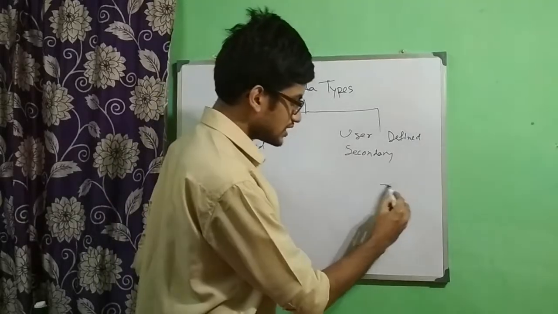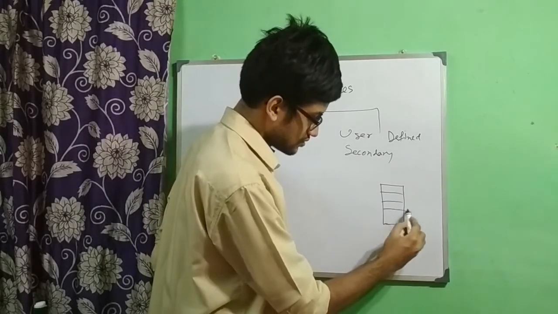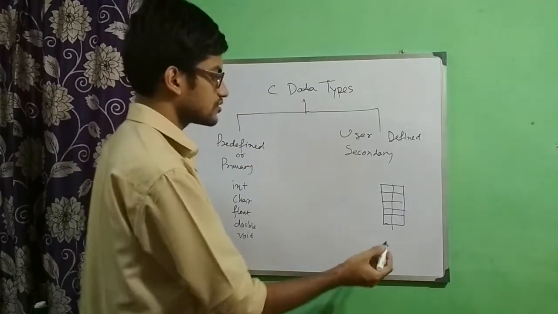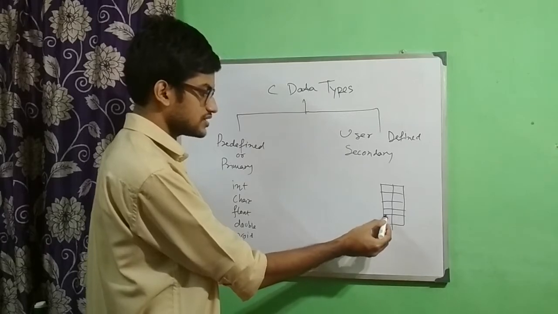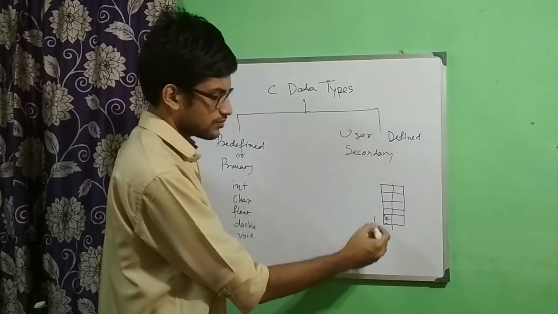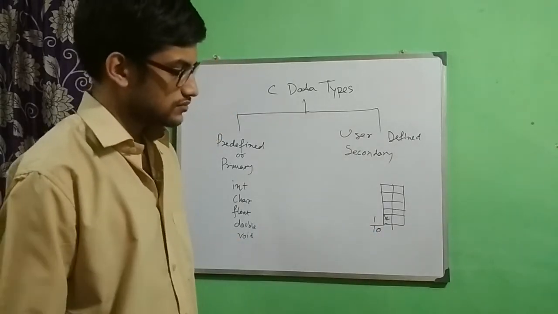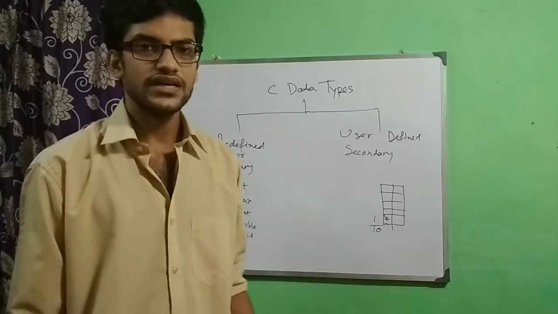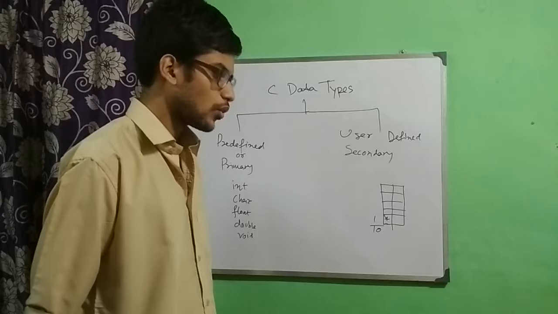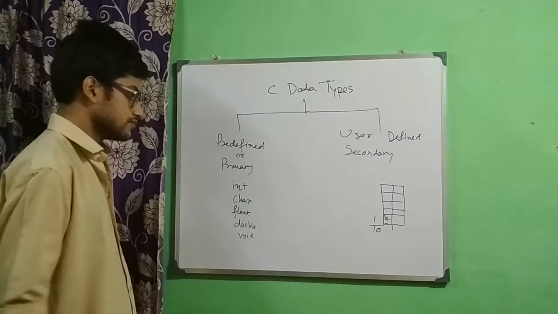If I have a memory like this, if I have 10 cells, and I am using this cell, its value is 1 out of 10, whatever the unit is: bit, bytes, KB, MB, GB, whatever. I have used up only 1 out of 10.